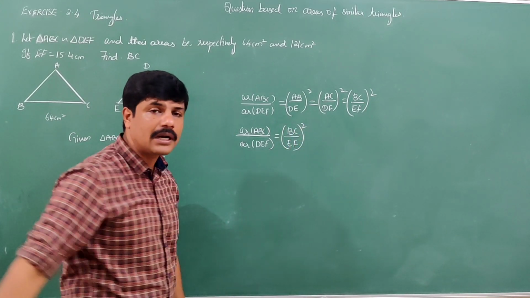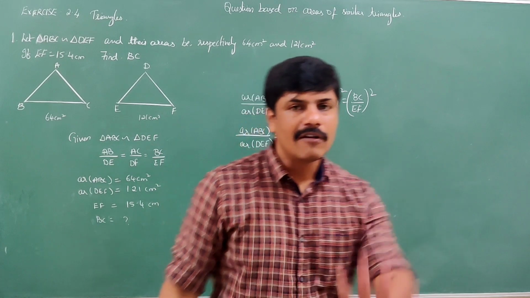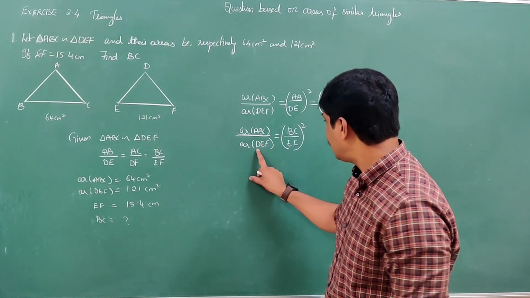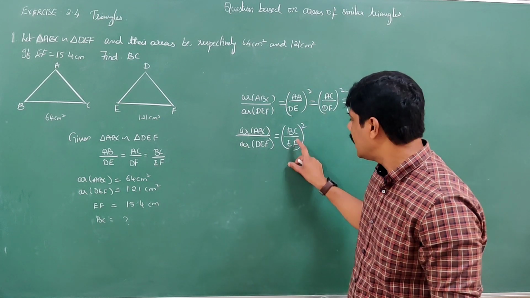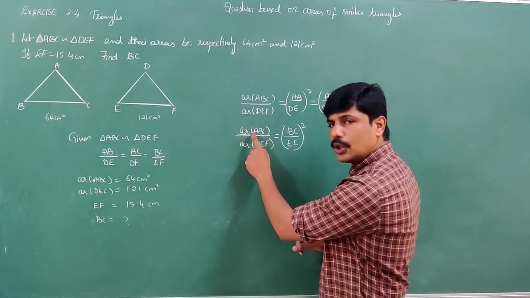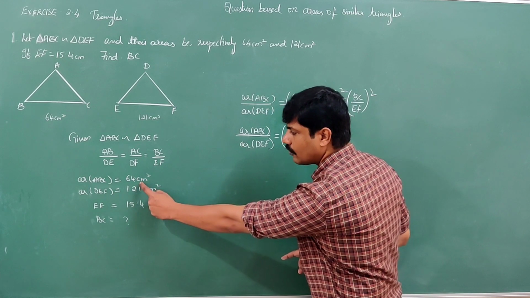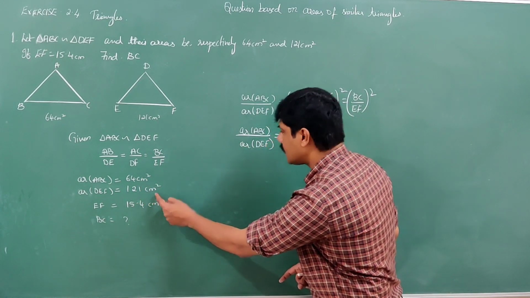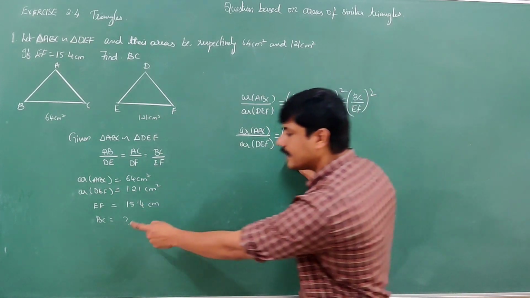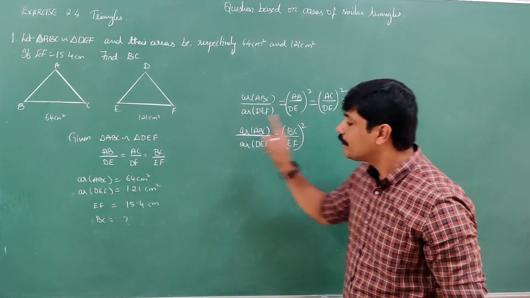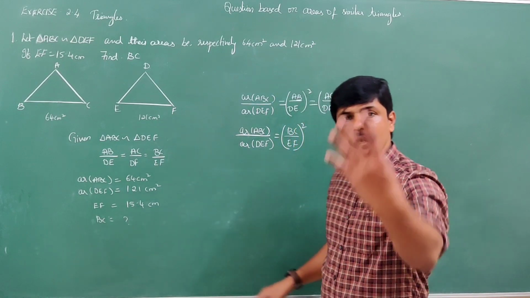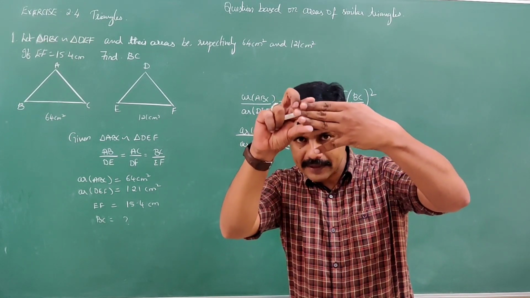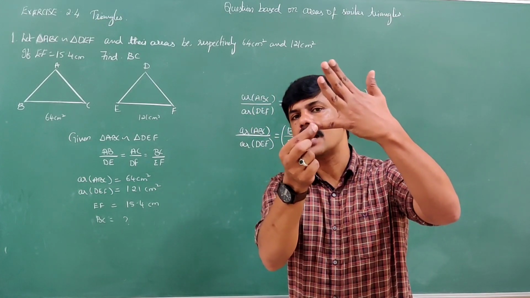Observe properly here. In this formula, four parameters are there: area of triangle ABC, area of triangle DEF, side BC and side EF. The area of ABC is 64 centimeters square, the area of DEF is 121 centimeters square, BC we have to find, and EF is also given. So three parameters are known and one is not known.